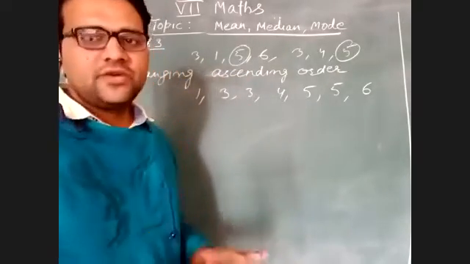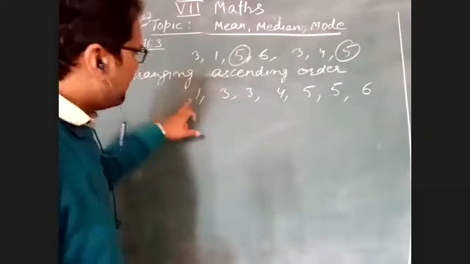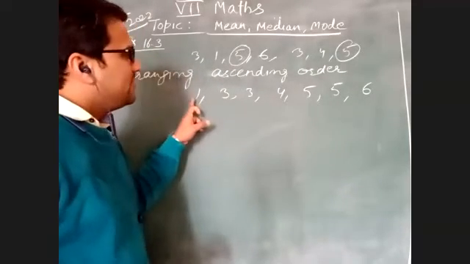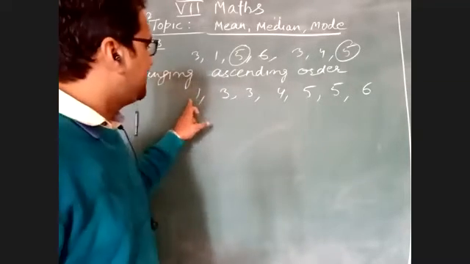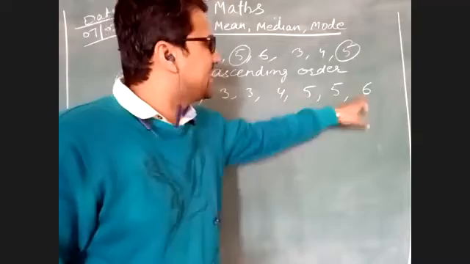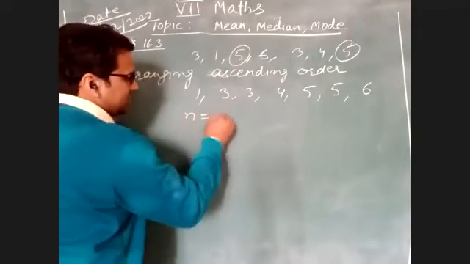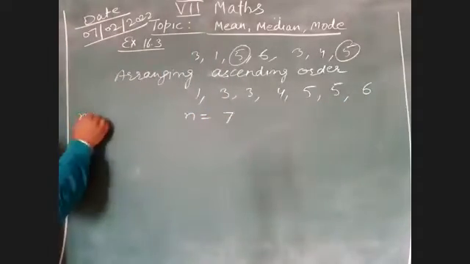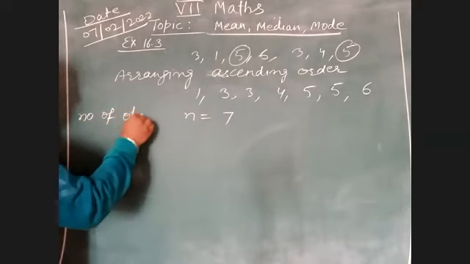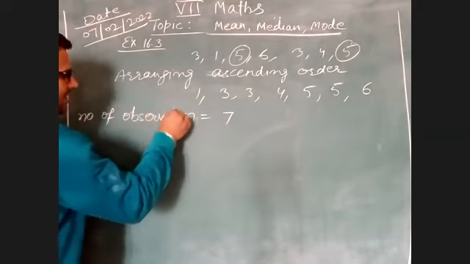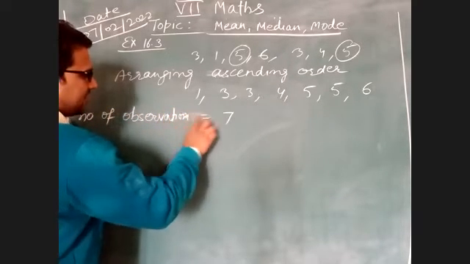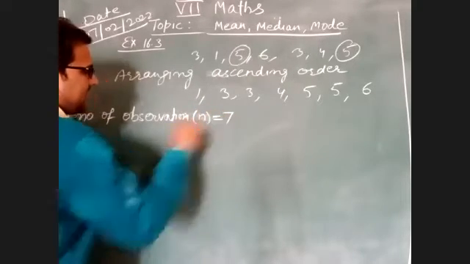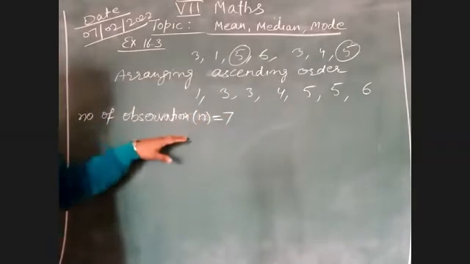This is the way to find the median. Now you have to observe how many observations are written here: 1, 2, 3, 4, 5, 6, 7. So the number of observations n is equal to 7.